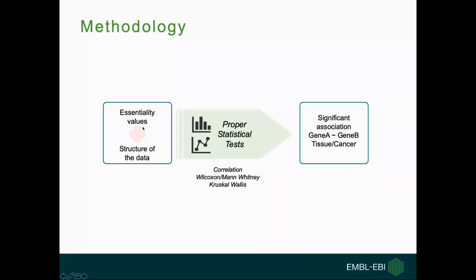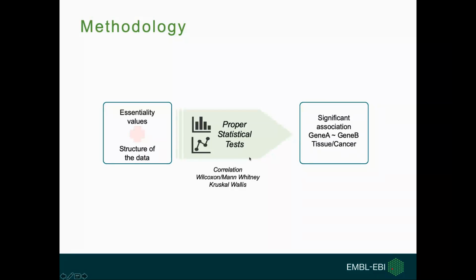So according to the structure of the data, our package chooses the proper statistical tests. It could be correlation or Wilcoxon or Mann-Whitney, or for the comparison of several groups, we use Kruskal-Wallis. These are all non-parametric tests because most of the time the data is non-normal, so we use the non-parametric versions of the tests.